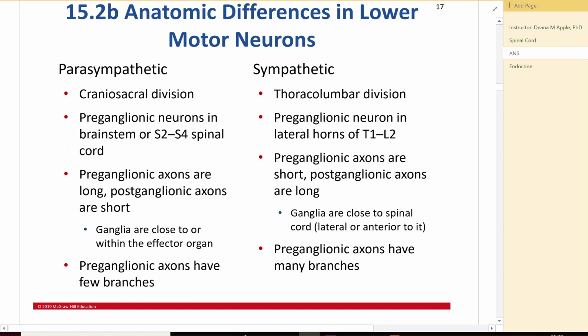So the physical difference in the sympathetic neurons is exactly the opposite of what you see for parasympathetic. Here, your preganglionic axons are very short and your postganglionic axons are very long. This means your ganglia are right up against your spinal cord. The preganglionic axons can have many branches. Does that make sense why? Because they're shorter, so they can go to multiple ganglia. Yeah. And they're all continuous from your thoracic all the way down to the end of your lumbar, right?